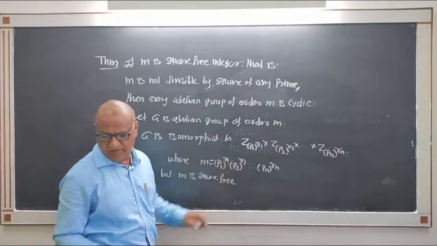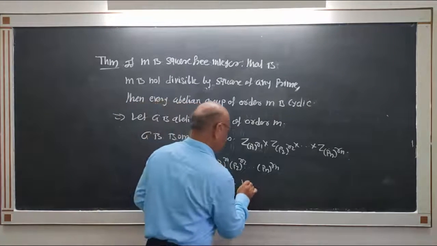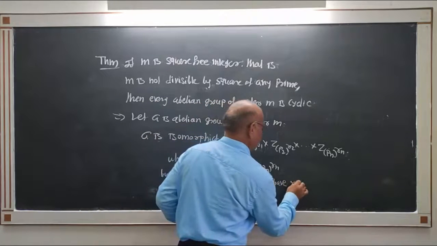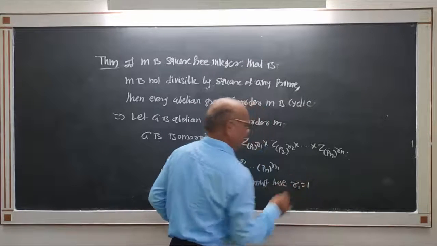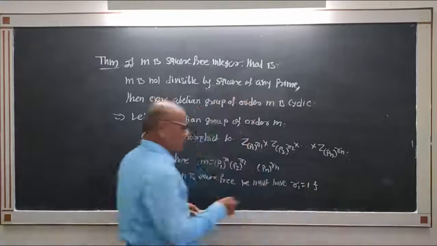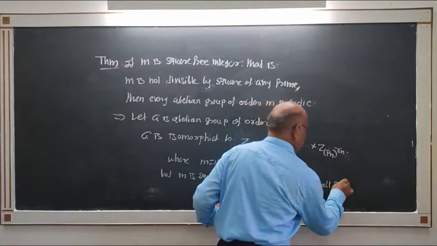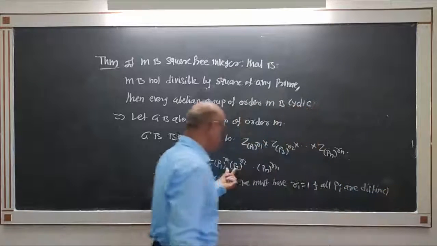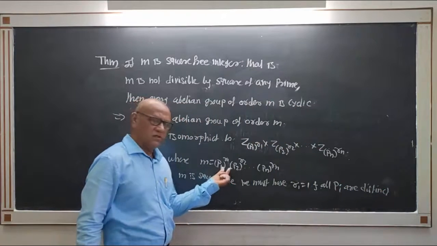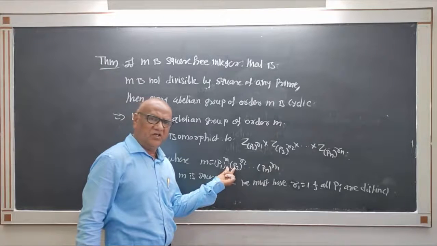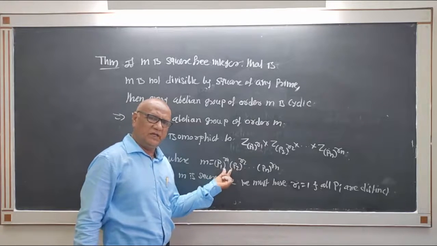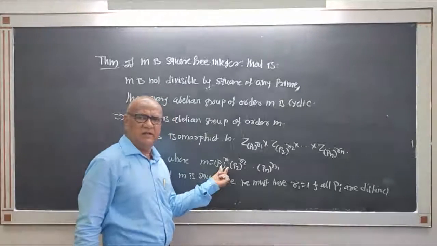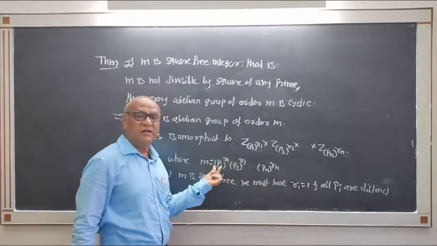Here we must have ri equal to 1 and all pi distinct. If p1 and p2 were not distinct, say p1 equal to p2 equal to p, that means m is divisible by p square, which means m is not square free.